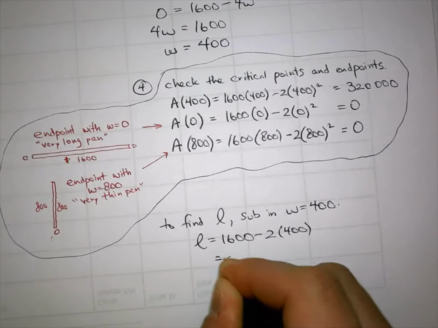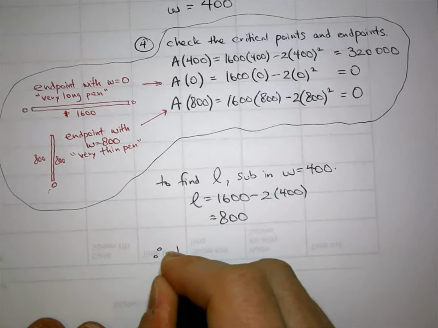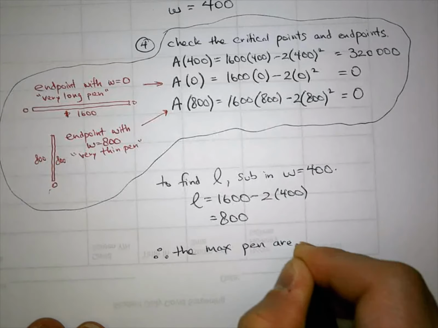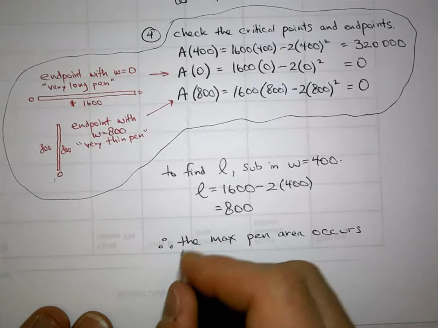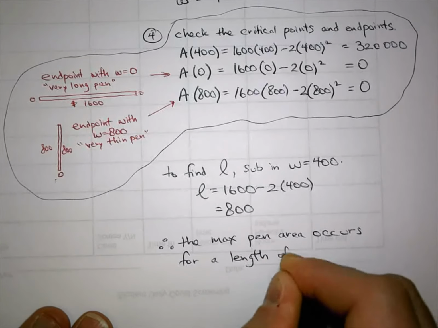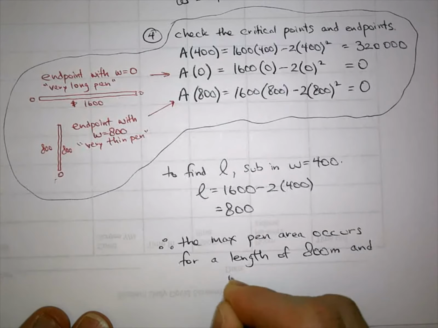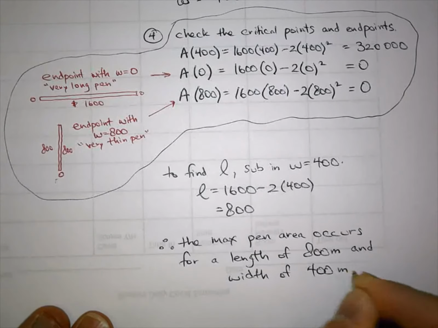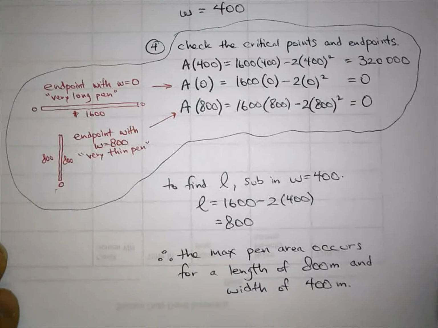That gives me 800. So therefore, the max pen area occurs for a length of 800 meters and width of 400 meters. So you can go call your farmer and tell him those are the dimensions you have to use. That's going to give your horses the most area.